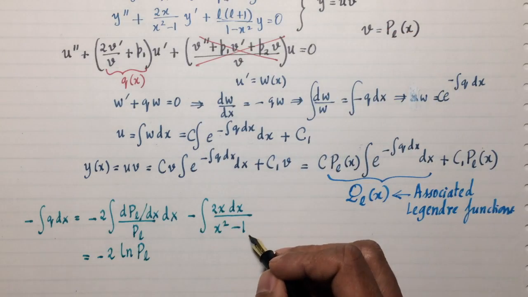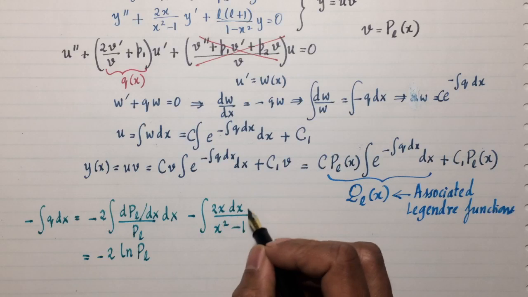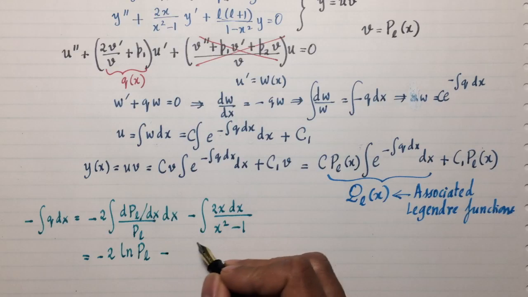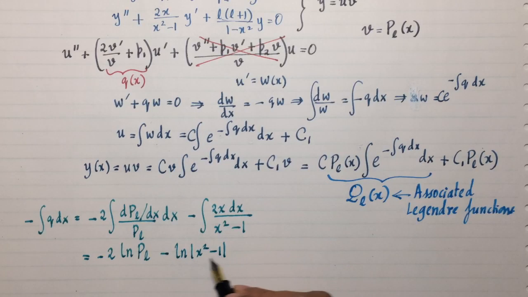So just think about it as a quantity. If that's some quantity, that's a derivative of that quantity. So this is also negative natural log of the absolute value of x squared minus 1. I put the absolute value sign because x is in the range of -1 to 1, so sometimes this can be negative. So put the absolute value sign to protect yourself.